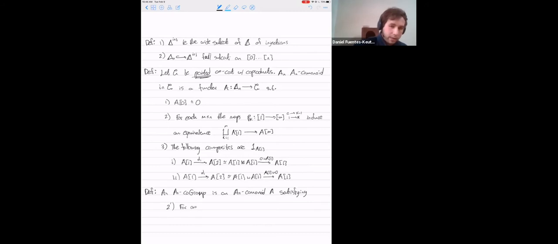I require for any m less than n and partition, so any partition of the object m into 2 subsets, that the square, so really to be precise, this should be at the cardinalities here.